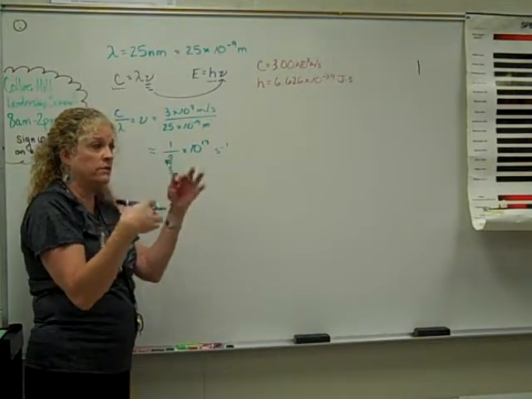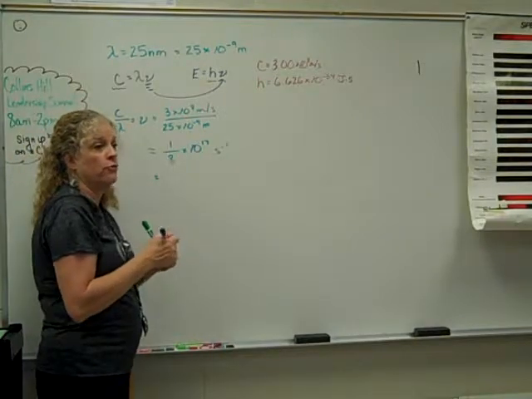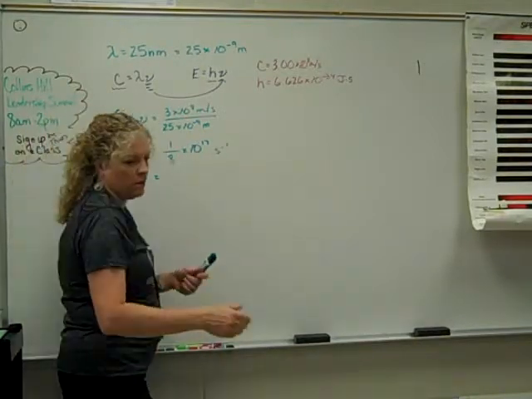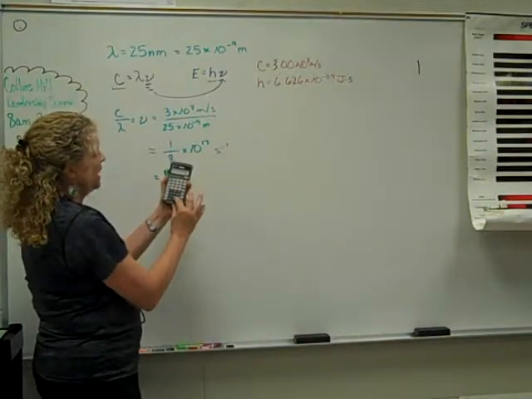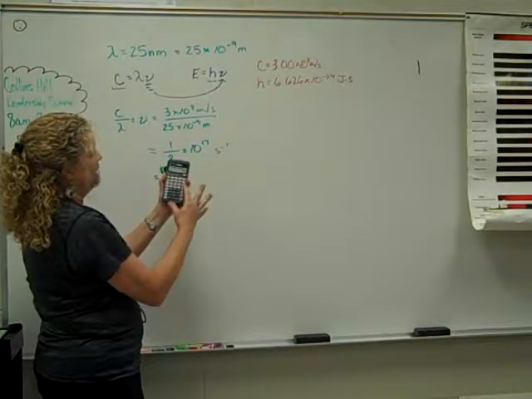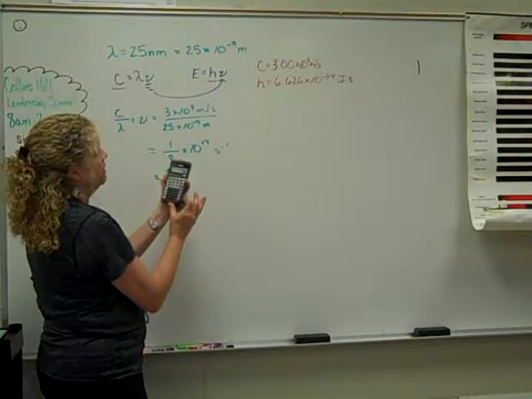See how we're predicting? Now, can you guys throw that in your calculator? Let's all throw it in our calculator and see what we get, okay? Remember, on these calculators, you're just going to hit 3EE8 divided by 25EE negative 9.